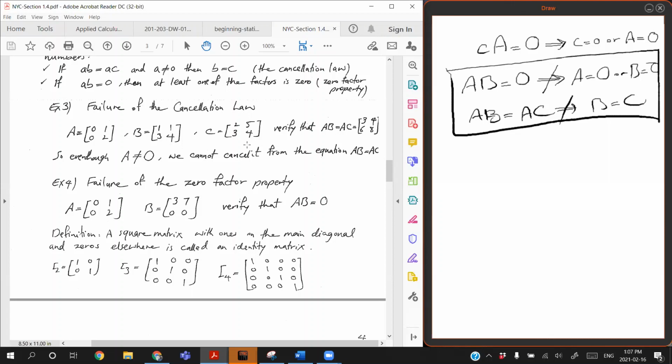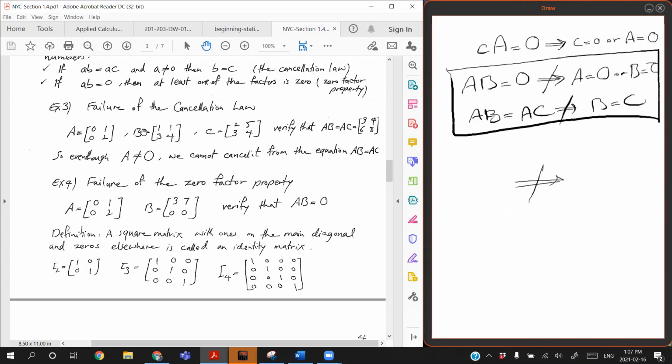Is that clear? Do we all understand the purpose of this example? Here we are trying to show the failure of the cancellation law. And when you are trying to prove something does not imply something else, the only thing you need to do is an example.